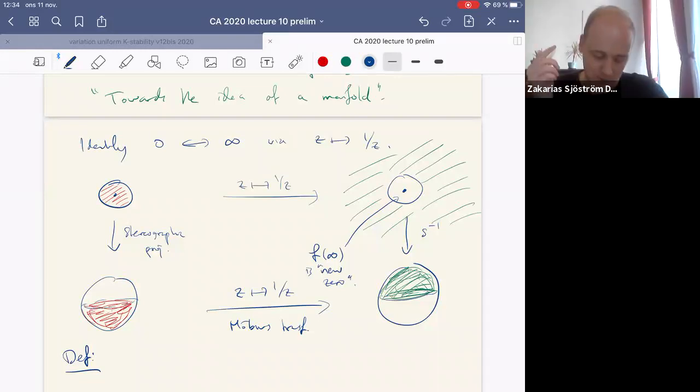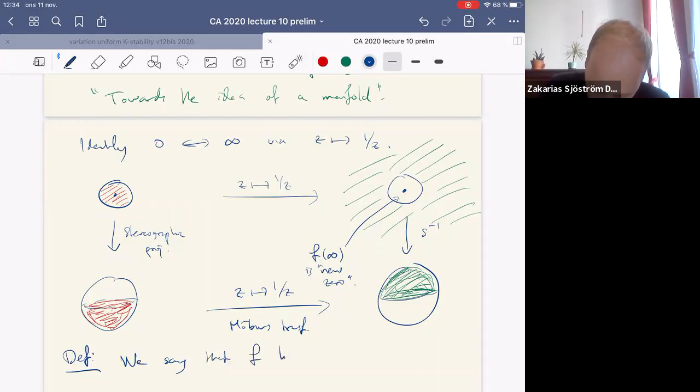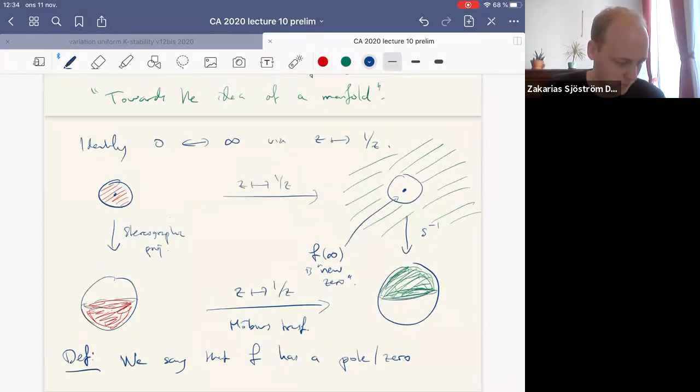Exactly, very good. So the point is that through this identification, infinity really is a point like any other point, right? And we just have to keep track of the identification. So to write this formally, we say that f has a pole or a 0 or is holomorphic or is meromorphic and so on. So the philosophy is always the same.